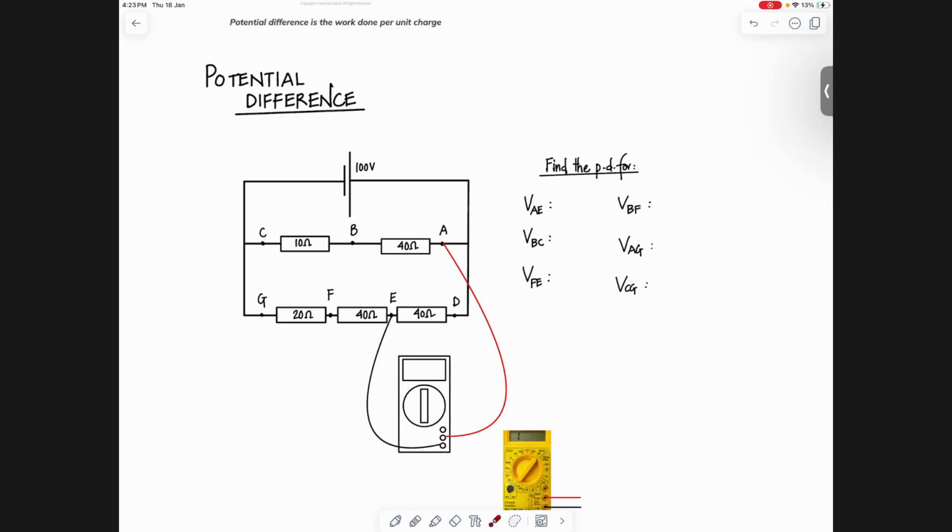You have a minute left, so see if you can get the answer. AE is 60. 60, right? Yeah, I think AE is 60 there.